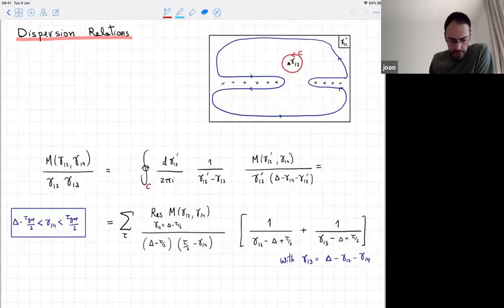Okay, so let's just do these dispersion relations, because I want to give you at least something concrete that we can use to get some information about CFTs. It's just a standard trick in dispersion relations. The only novelty is that we start from this formula.